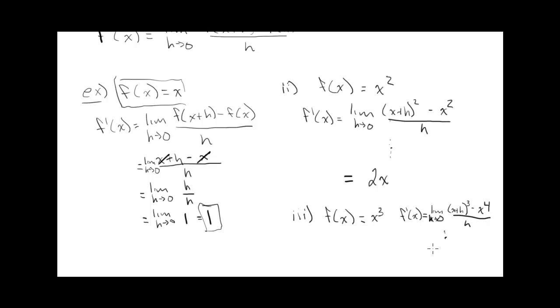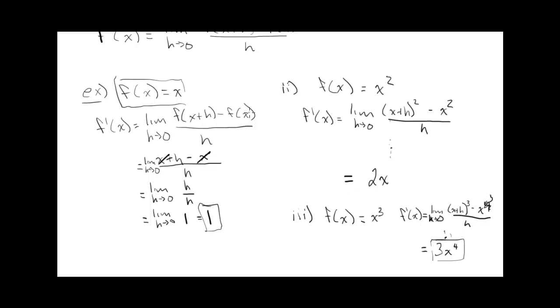To check your answer, this one ends up being 3x squared once you do the limit. How are you going to do the limit? You're going to have to expand the cubic, and then you end up with things canceling out, you can reduce the h, and you end up with just this answer here.